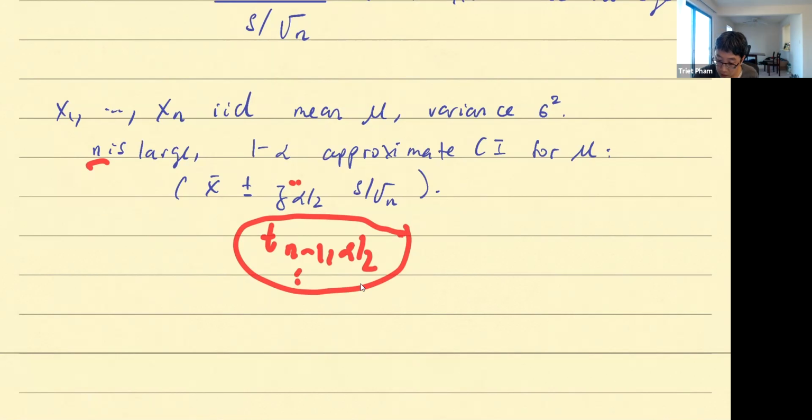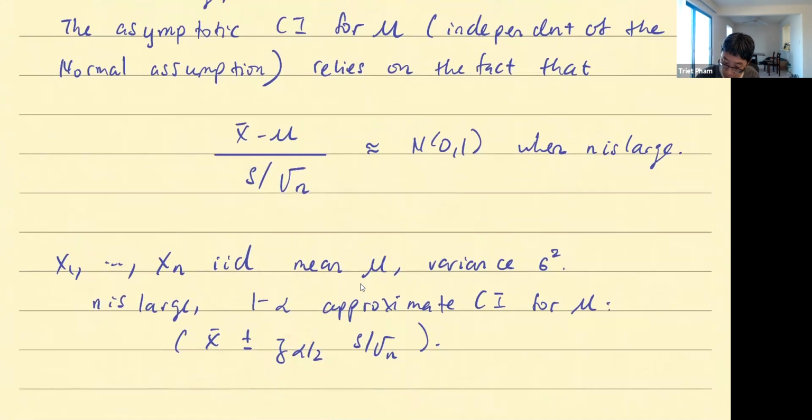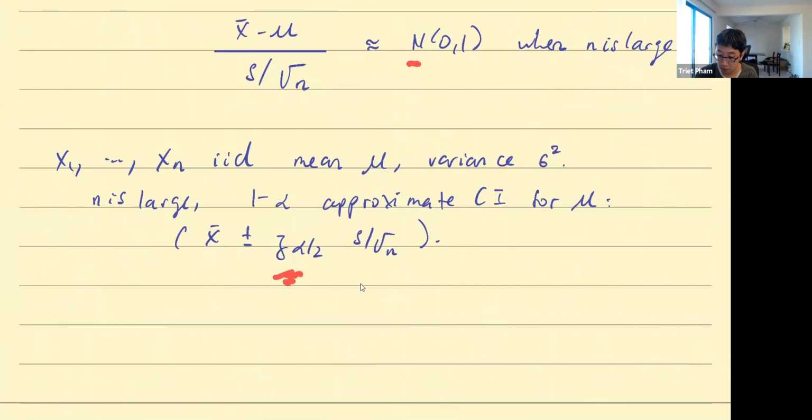But using T in this particular scenario shows that you don't quite understand what's going on, because the asymptotic confidence interval relies on this fact, and the answer here is a normal, it's not a T. So therefore, if you use a T here, that's not a serious problem in terms of your result. But the right result here is a normal, not a T.